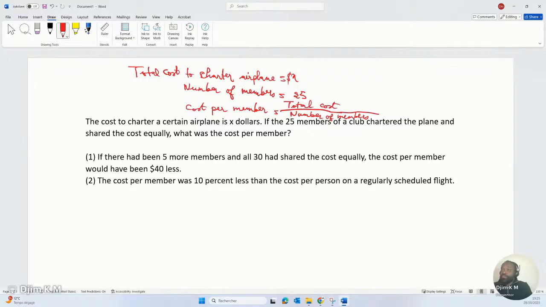It says X, okay? So if we want to examine the first condition, it says if there had been 5 more members and all 30 had shared the cost equally, the cost per member would have been $40 less.